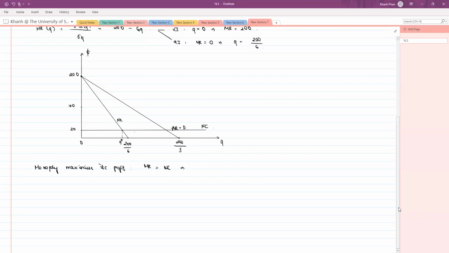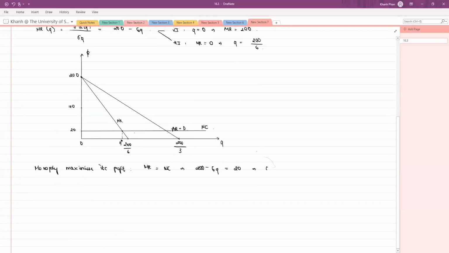Now, marginal revenue is found earlier equal to 200 minus 6Q, and marginal cost is 20. Okay, so therefore, Q equal to 180 divided by 6, so Q is going to be equal to 30.